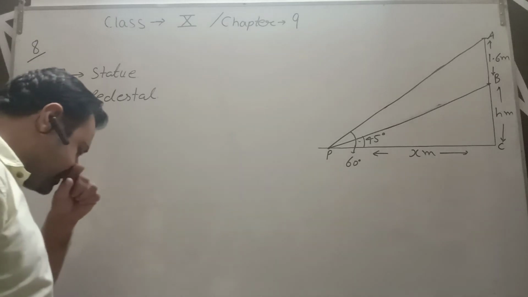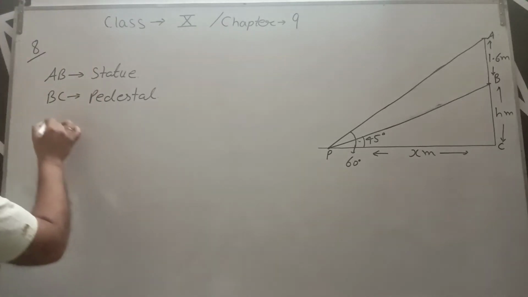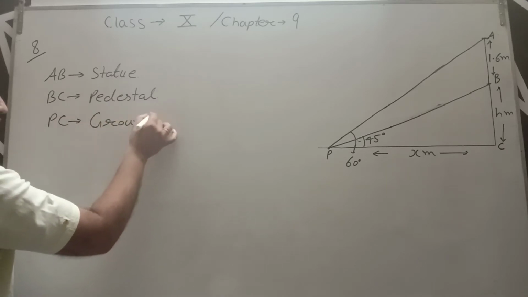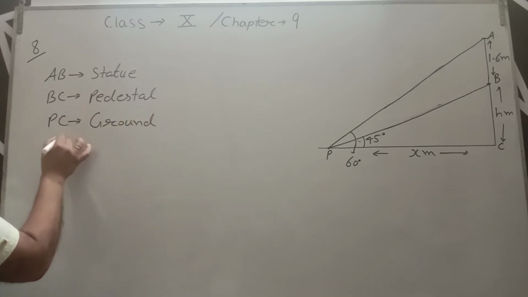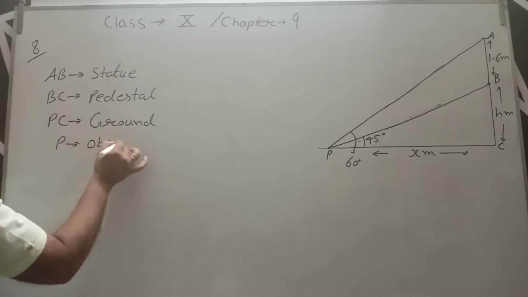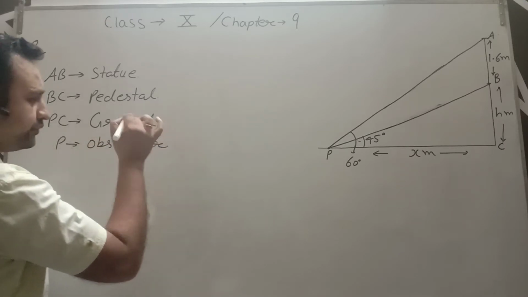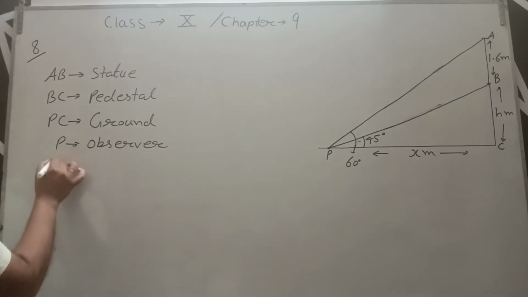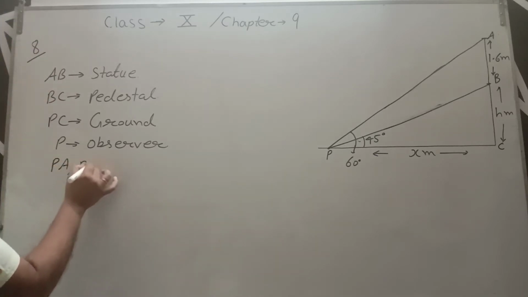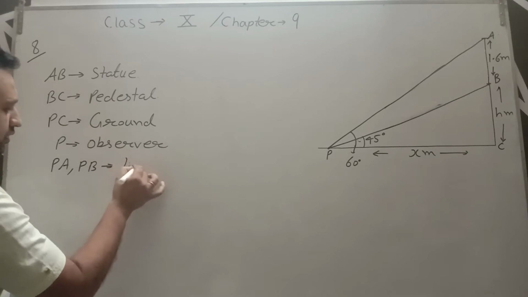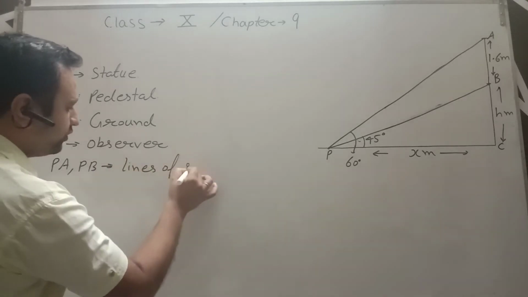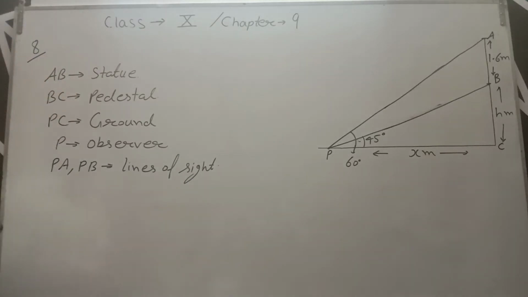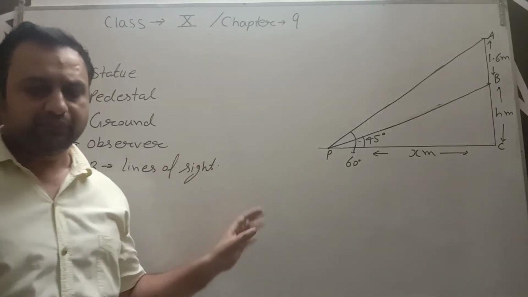BC आपकी pedestal है and PC is the ground and P is observer and PA, PB, these are lines of sight. So it is a short description of the figure.